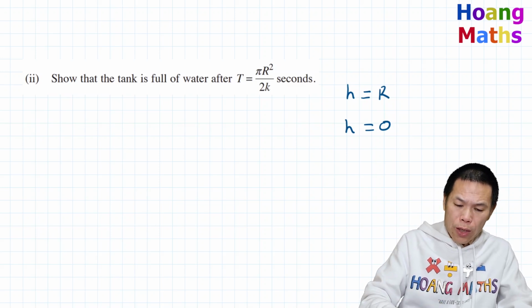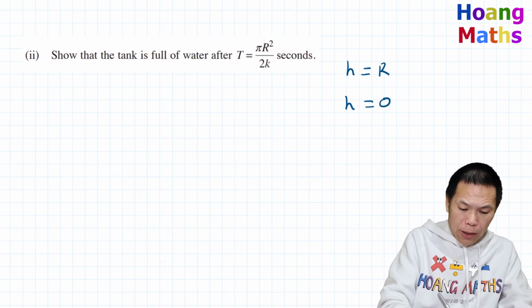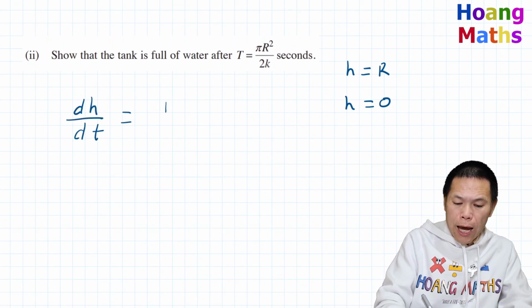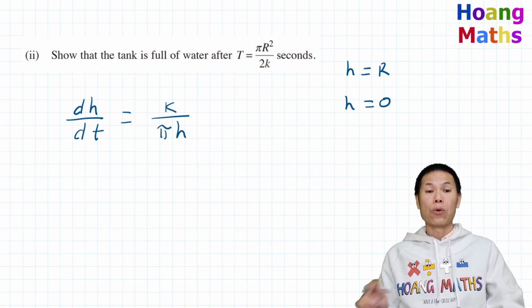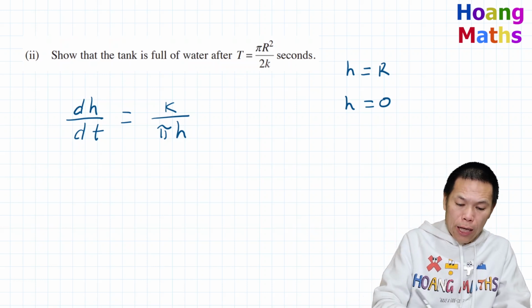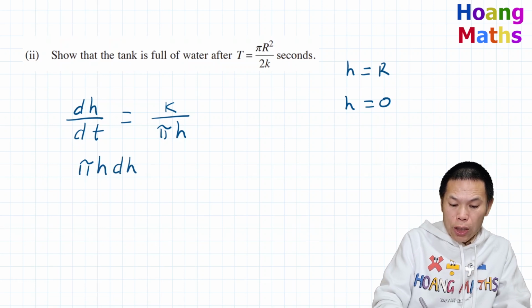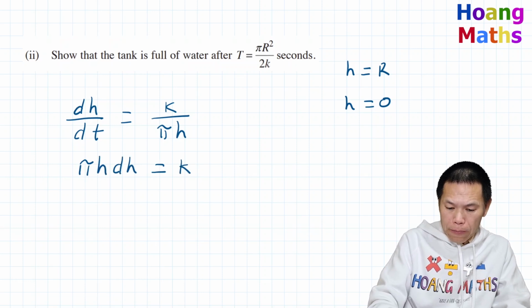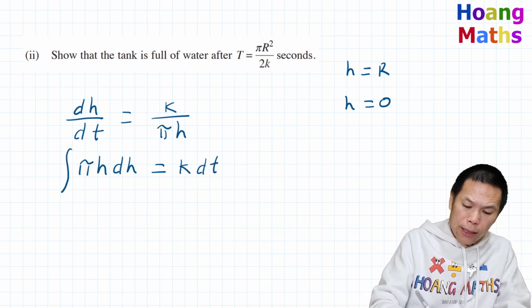So what I do, I have dh/dt from part 1: dh/dt equals k over pi h. So I just separate these two functions by cross multiplying. So that becomes pi h dh is k dt. So I just integrate both sides.